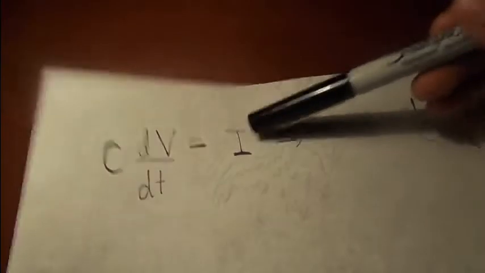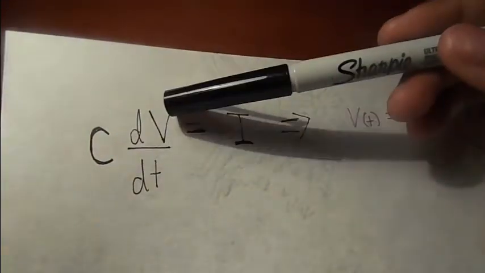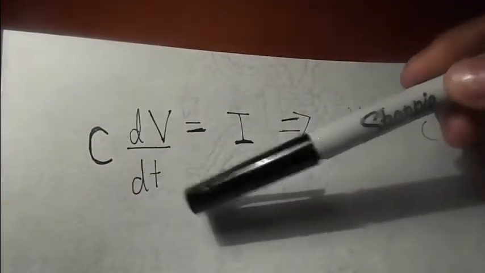Now, to find current, the current is equal to the capacitance times the change in voltage over the change in time.